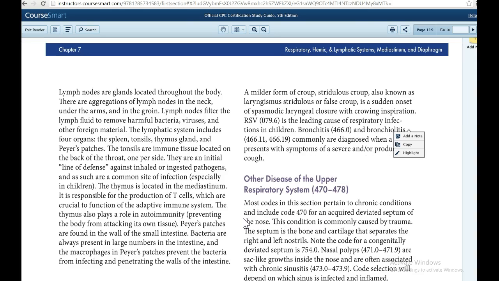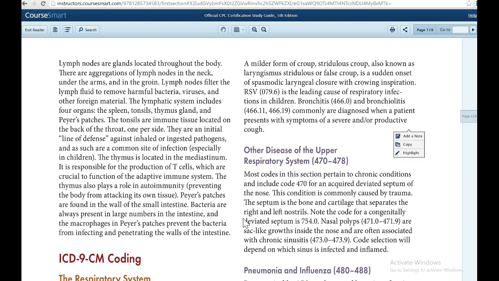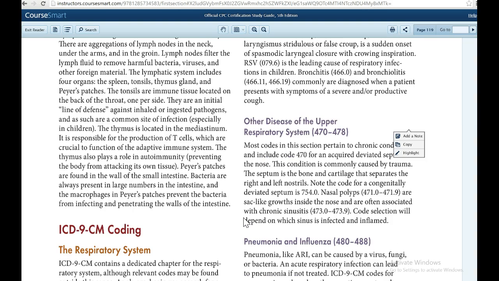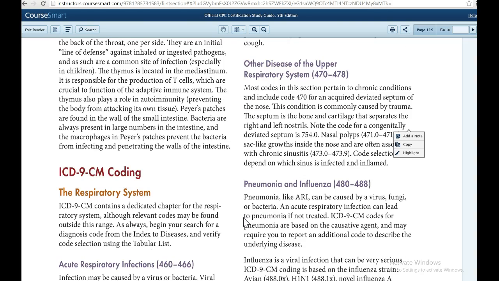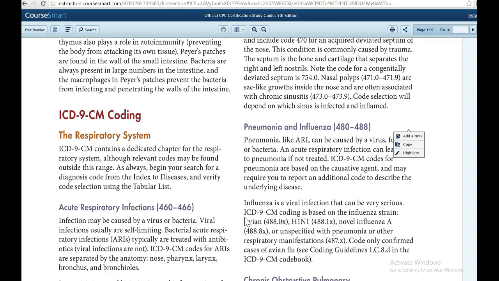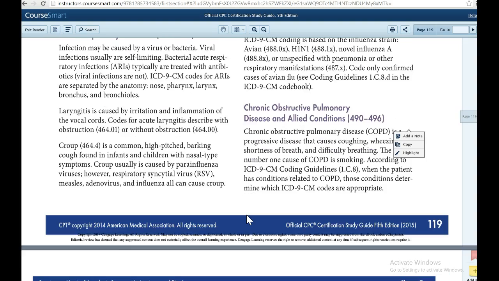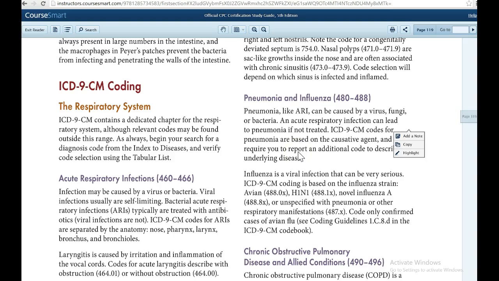And these are just going over some of the different diseases. We've talked about those a little bit. Make sure you are able to effectively go through and code these things, okay? Make sure you really go back and read.